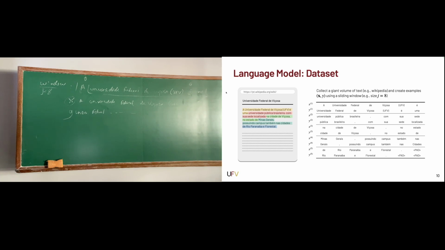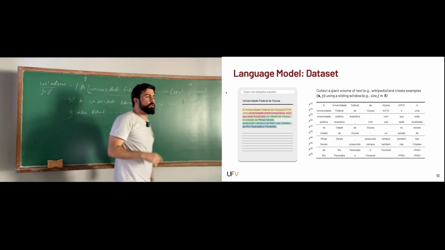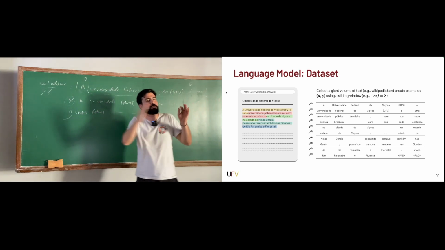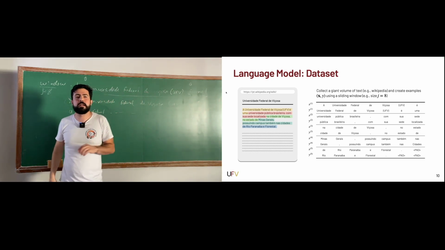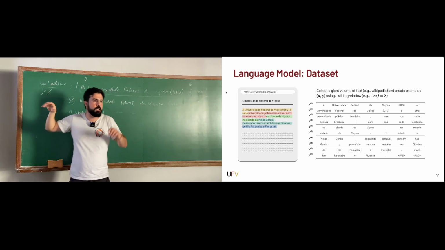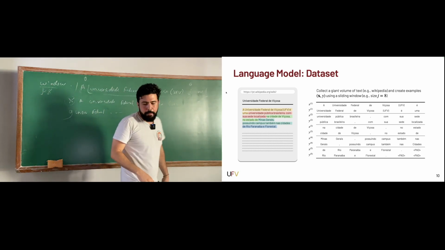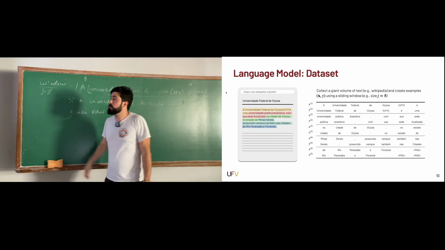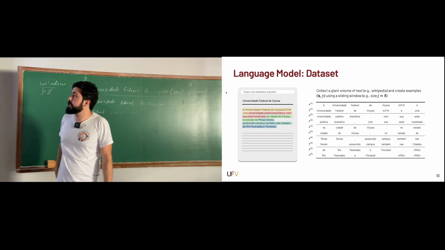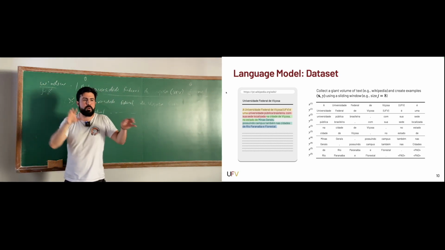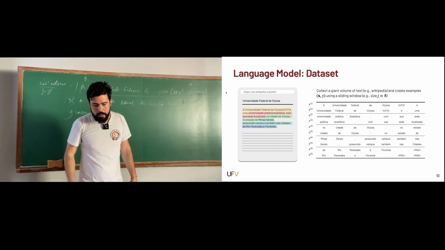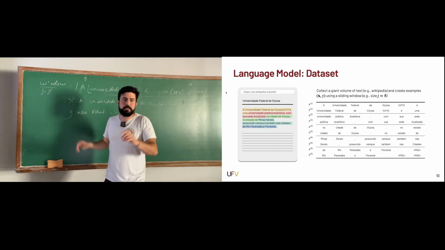A Universidade Federal, A Universidade Federal de, A Universidade Federal de Viçosa, and so on and so forth. So you don't have to explicitly build all the possible prefixes and suffixes in this table. You can write it this way, and then we can use this structure to actually learn all prefixes in this table. Okay, so that's how you would make this data set. Okay, question.